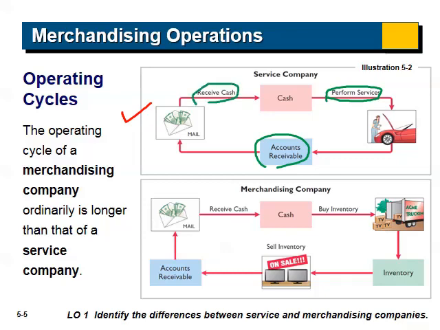But the merchandising company has another step involved. They buy the inventory, then they hold the inventory, then they sell the inventory on account, and then they collect the cash. So notice we add the extra steps on this side, in that you're buying, holding, and selling inventory.